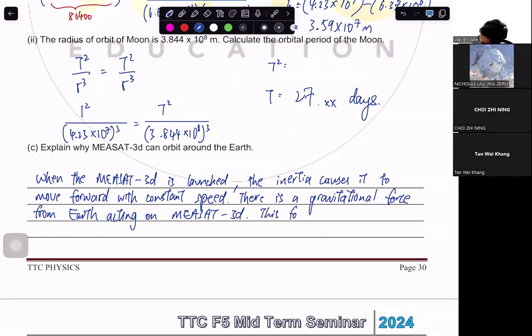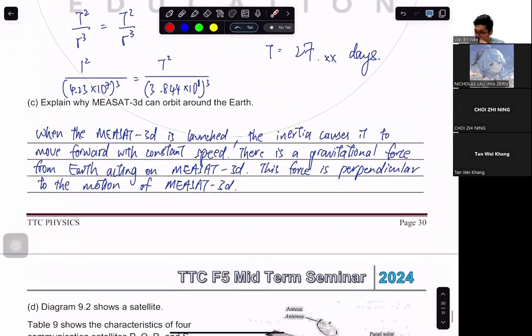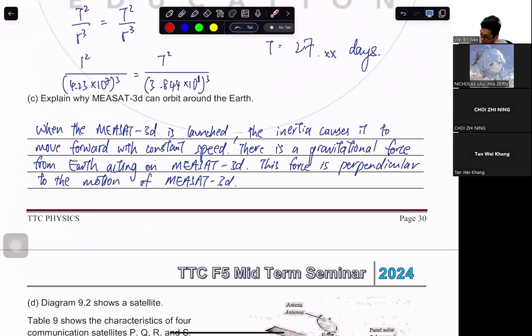This force is perpendicular, meaning 90 degrees, to the motion of the Miasat. Meaning wherever you go, the pulling force is always 90 degrees to you. You go here, I pull 90 degrees. You go here, I pull 90 degrees. So the force is perpendicular to the motion of the Miasat.